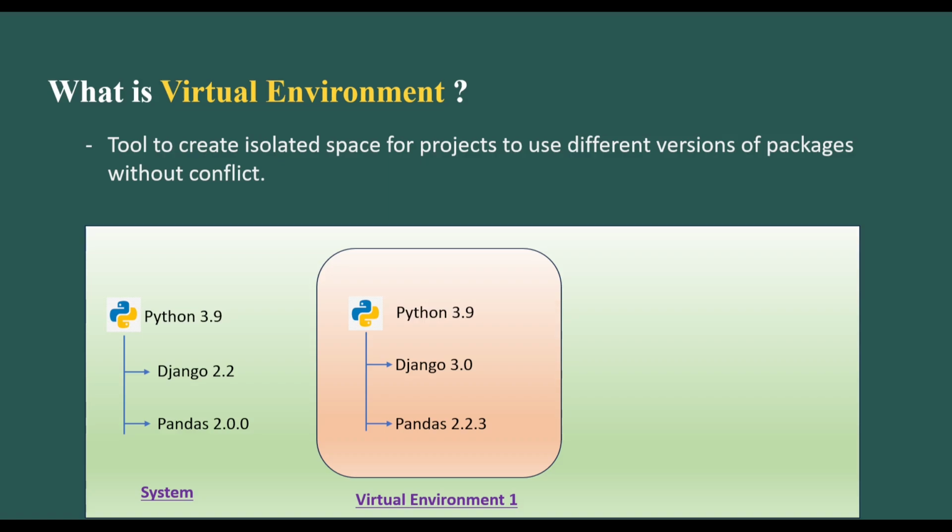But now we have created a virtual environment one. This is an isolated space and we have created this with Python version 3.9. So in this virtual environment, we can use only Python 3.9. And here we have installed separate version of Django, that is 3.0, and separate version of pandas, that is 2.2.3.